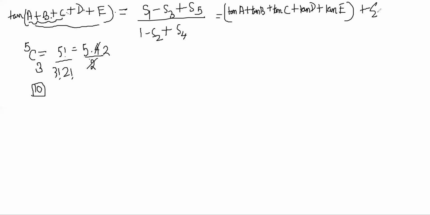So the summation of all those terms, but you have to subtract them: tan A, tan B, tan C, all 10 terms like that. You can convince yourself that you will get 10. Just check it out. So A, B, C, A, B, D, A, B, E, that's 3.